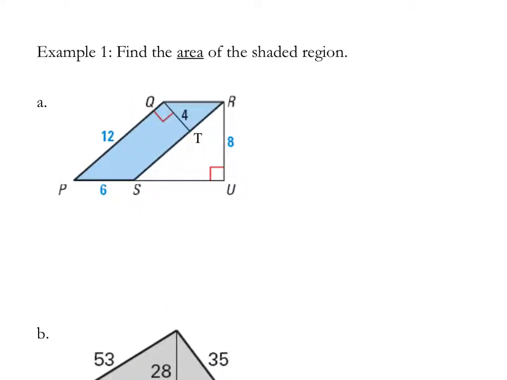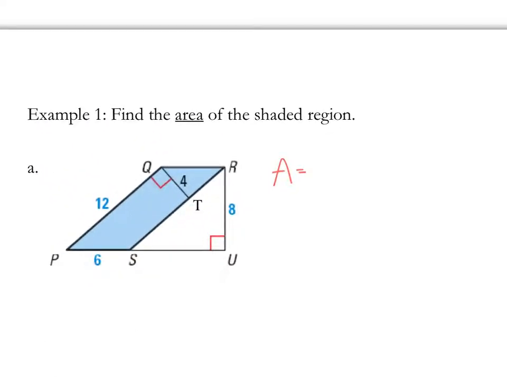So if we look, you can do this a couple different ways. This is a parallelogram, so my area is base times height. So my base could either be 6, so then perpendicular to this base would have to be my 8. Now, some of you may not have seen that.